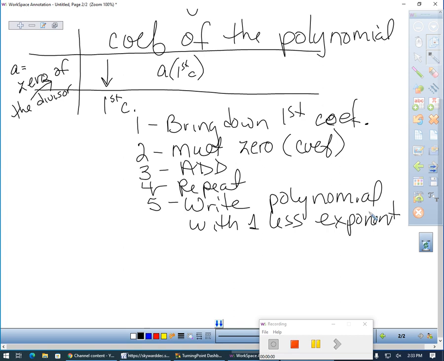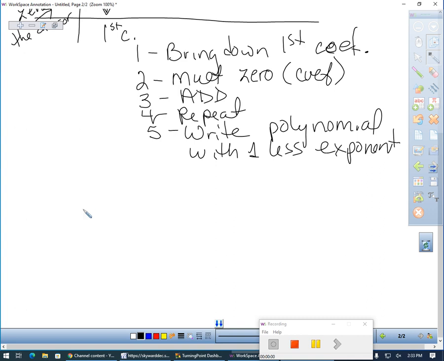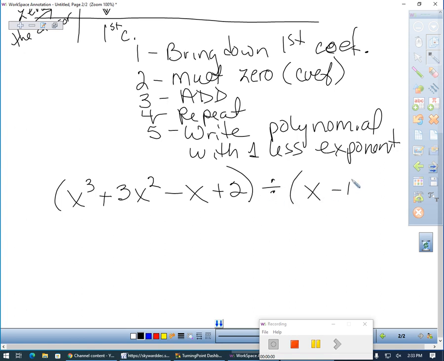Let's say I have the polynomial x to the third plus 3x squared minus x plus 2, and I want to divide by x minus 1. This is the one Chris asked about a little while ago.